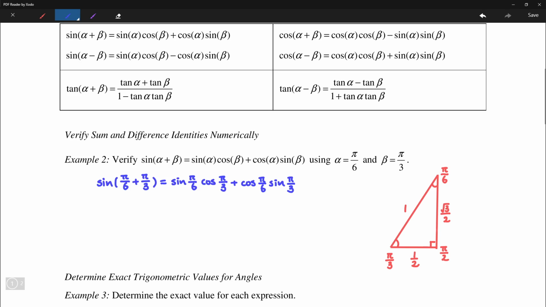So the left-hand side, we can add these two together, and we get sine of 3pi/6, which of course is equal to just pi/2. And we know that sine pi/2 is just 1. So on the left-hand side, we'll simply have 1.